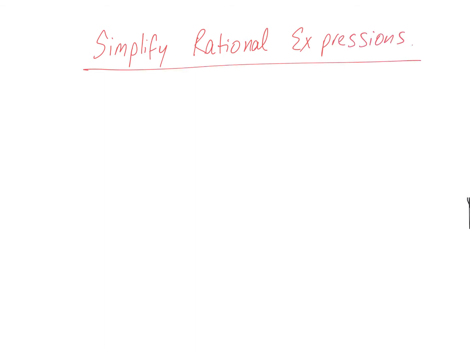So in this video, we'll try to simplify rational expressions. One easy way to look at this is to remember these values. 1 squared, 2 squared, 3 squared, 4 squared, 5 squared, 6 squared, 7 squared, 8 squared, 9 squared, 10 squared.